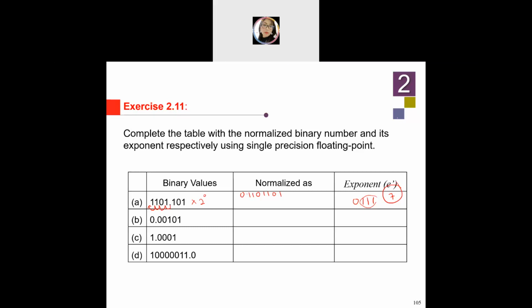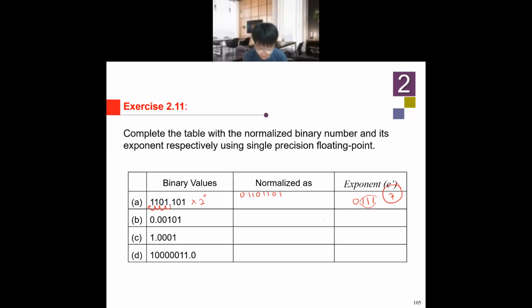Okay, thank you, Imran. I ask your friend, Jack, is it correct or not? No. Which one is incorrect?